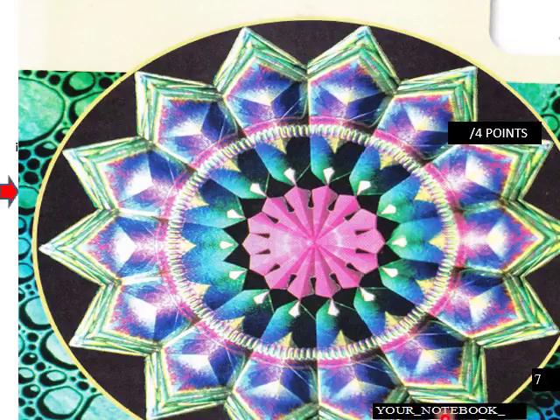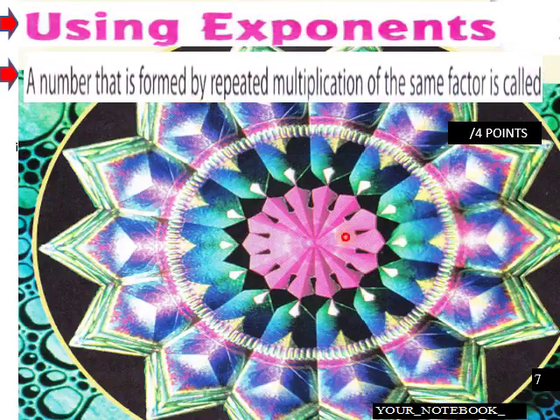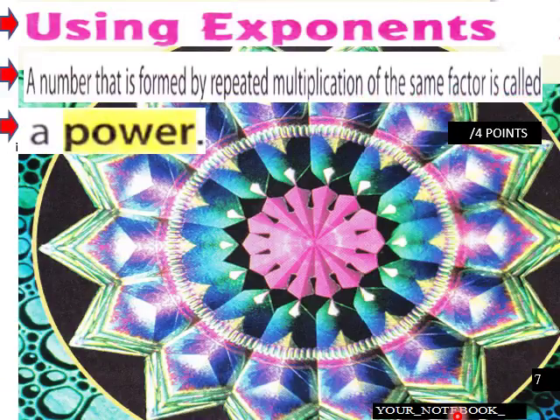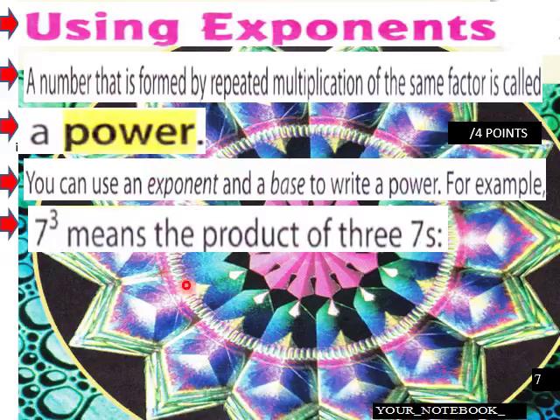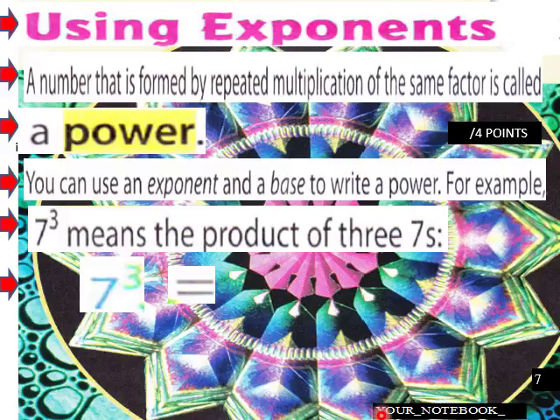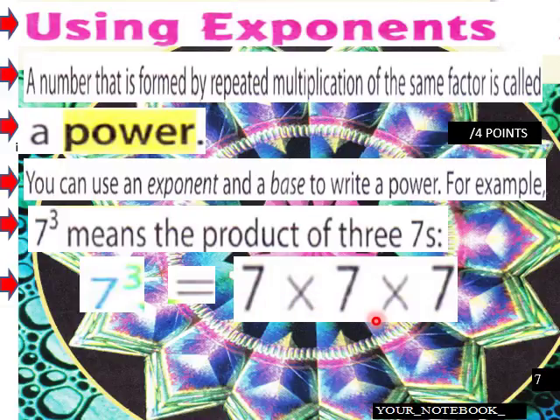Page 7 in your notebook, students, using exponents. A number that is formed by repeated multiplication of the same factor is called a power. You can use an exponent and a base to write a power. For example, 7 cubed means the product of 3 sevens. 7 cubed equals what? 7 times 7 times 7.